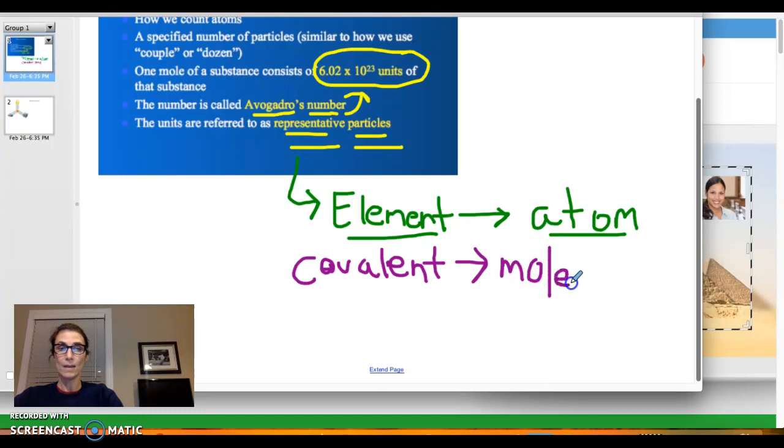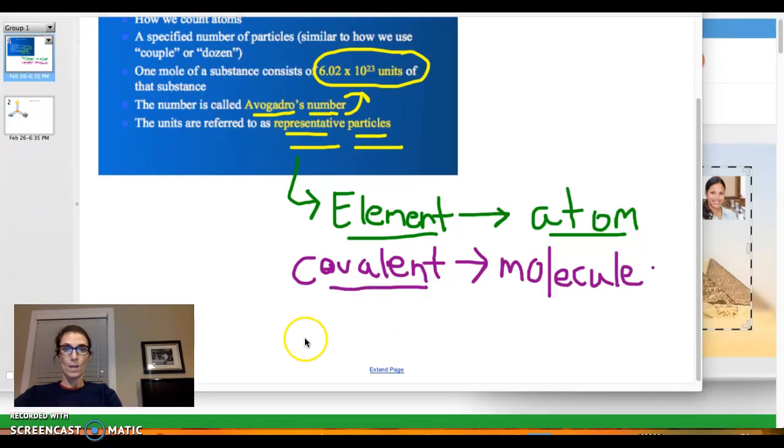So you might have 6.02 times 10 to the 23rd molecules of carbon dioxide, or 6.02 times 10 to the 23rd molecules of H2O. For any covalent compound, the representative particle is a molecule.